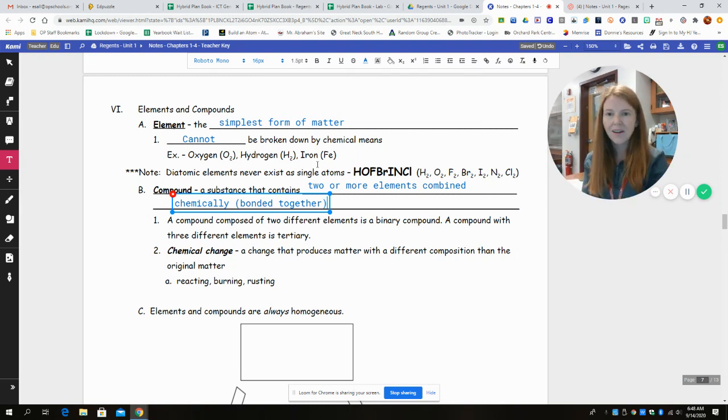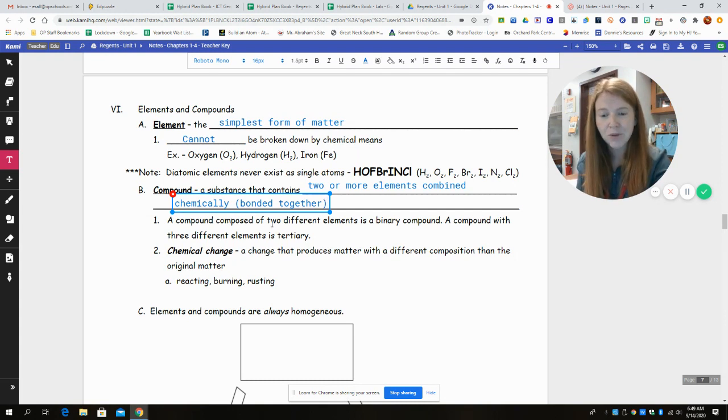Like you can take copper shavings and silver shavings and plop them in a beaker. They're just a mixture. If you actually were to melt those down and chemically bond them together into some kind of alloy, then you have a compound. So it all kind of depends on if this stuff is bonded together, then it's a compound. If it's just in the same container, then it might just be a mixture.